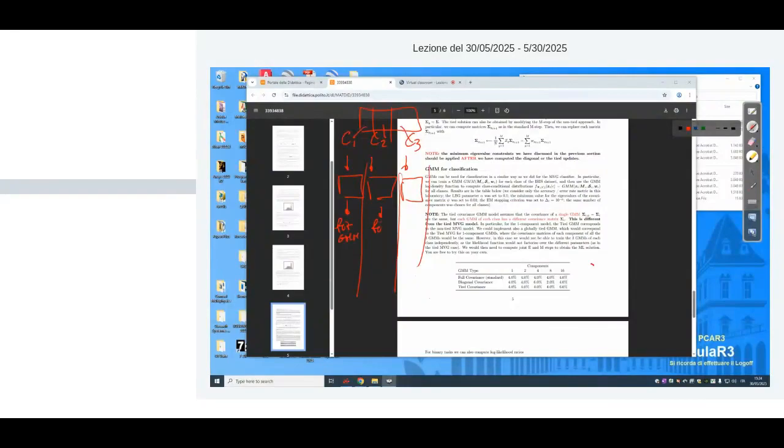If you have implemented properly the previous code, it's just a matter of calling that function with the three sub data sets that correspond to the classes. This will give three different GMMs. Notice that it's also easy if you want to have GMMs with different components. You just specify the number of components to be different in your training function, you call it, and you have GMMs with different components.